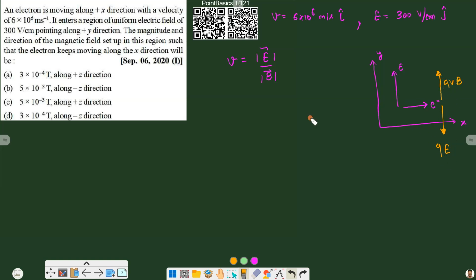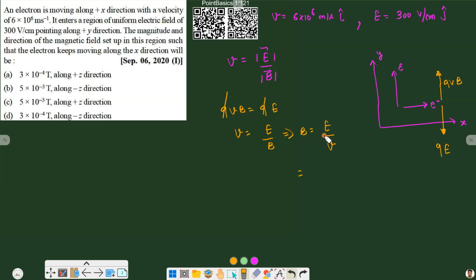If we equate both, QVB is equal to QE, and we get the same formula, V is equal to E by B. From this, B comes out to be E by V. First let's calculate the magnitude of B, and then we will move to direction.